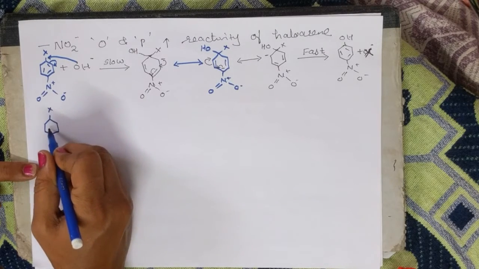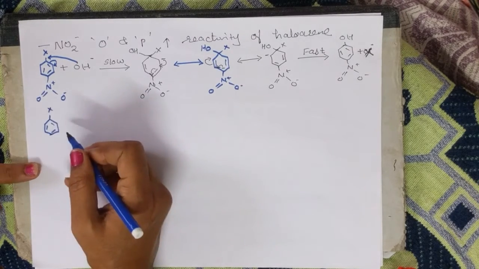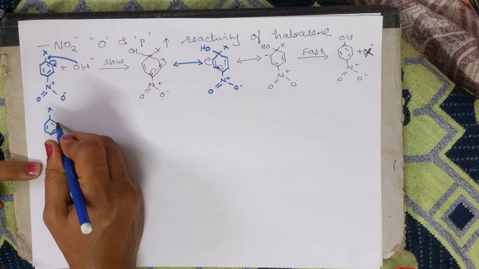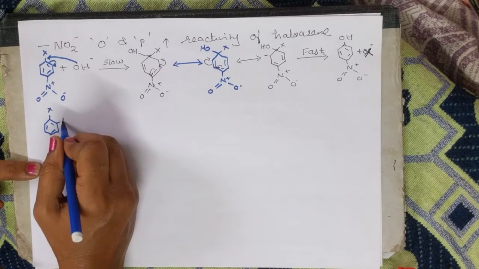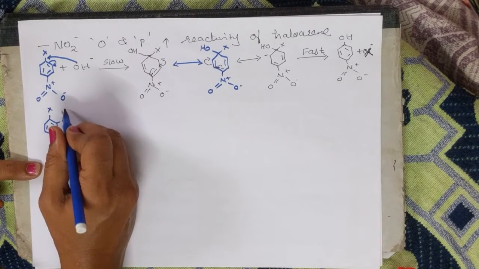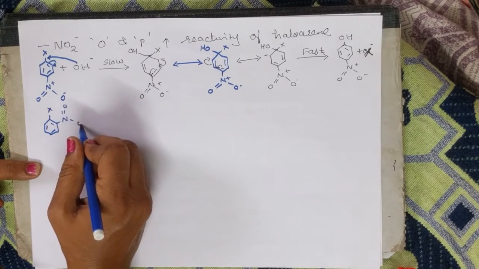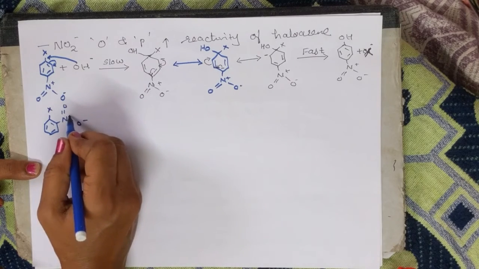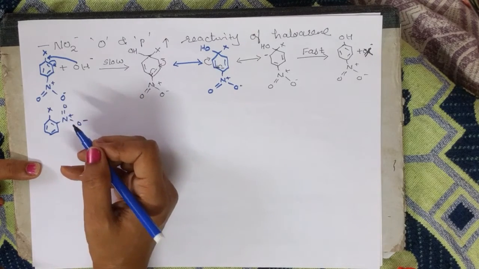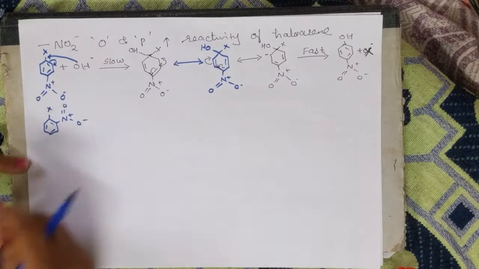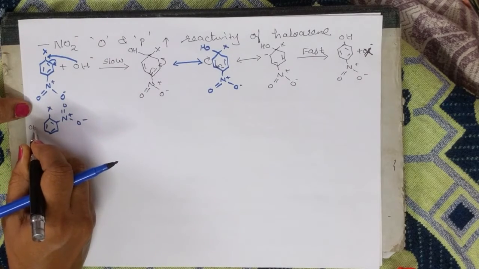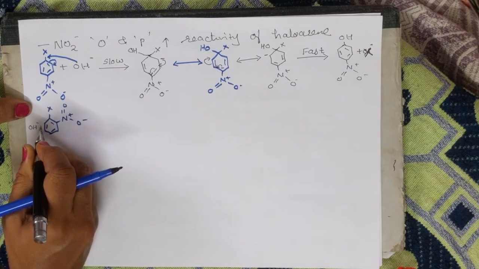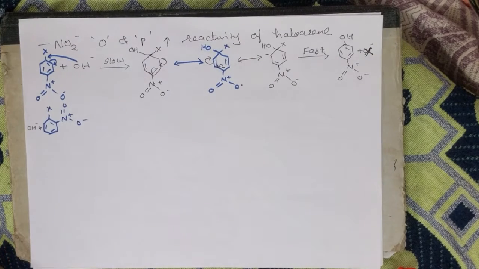Here you have X. Now this nitro group we are taking at the ortho position, N double bond O and O minus N plus. Same way here also OH minus is your nucleophile.